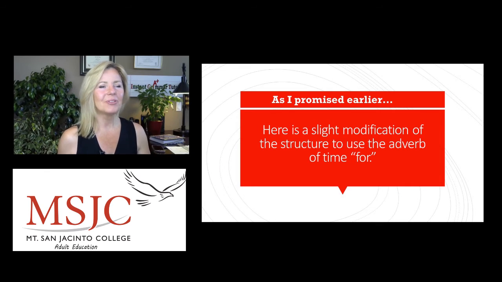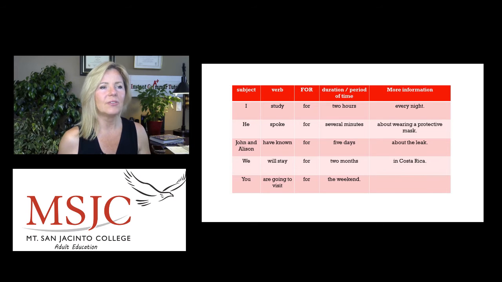Okay, as I promised earlier, there are other structures that you can use to form a sentence with for plus duration. If you're using a verb that takes an object, this structure I'm going to show you could be a better choice. So let's take a look at it. Here we have the table that you have already seen.